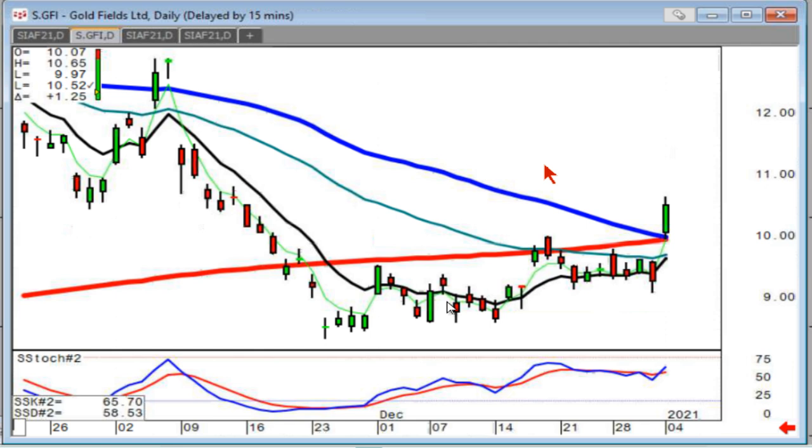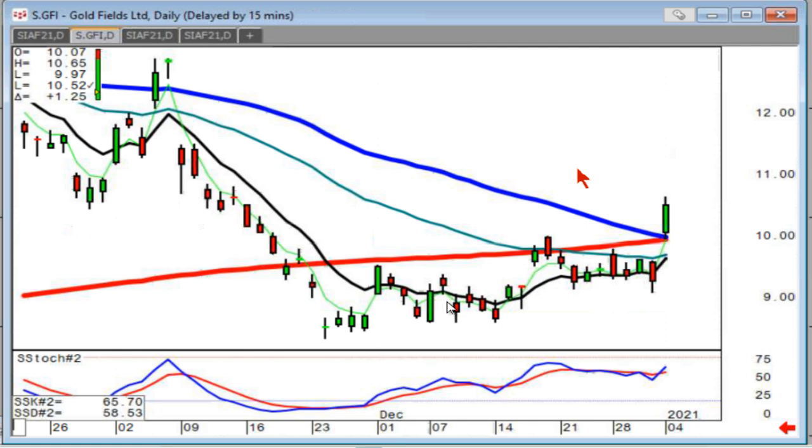Well, first of all, gold stocks kind of are the deviant of this analysis, but if you can see which way the market's going, then you can analyze which sectors are acting the best in that trend. Then you can analyze which stocks are acting the best in that sector.